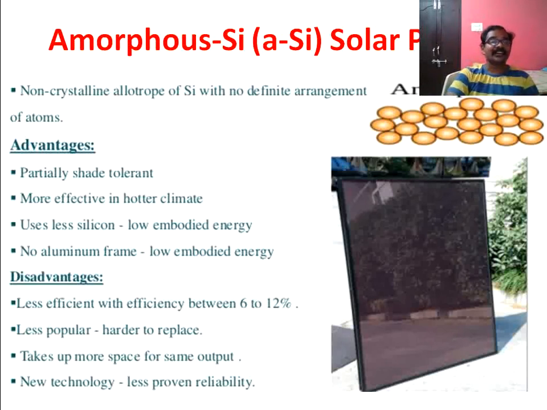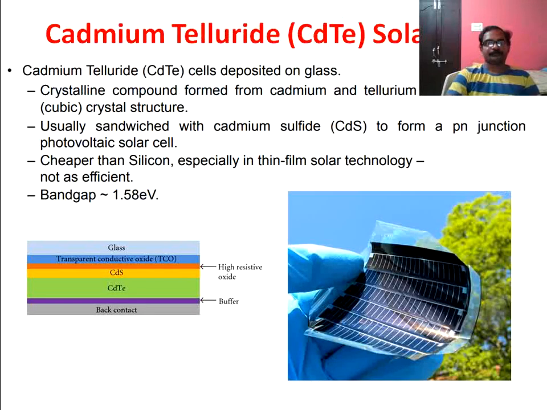The next thing is cadmium telluride technology. Now the cadmium telluride solar cells, you can see these are called multijunction solar cells. Here we are using cadmium telluride as a semiconductor material and cadmium sulfide as one more semiconductor material.